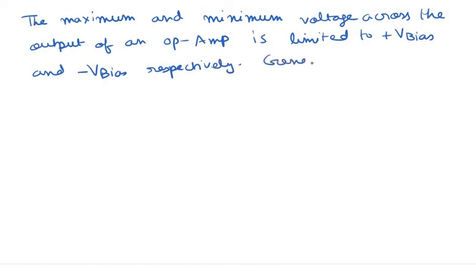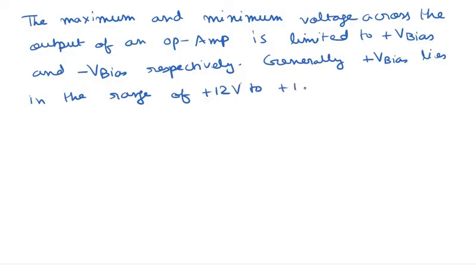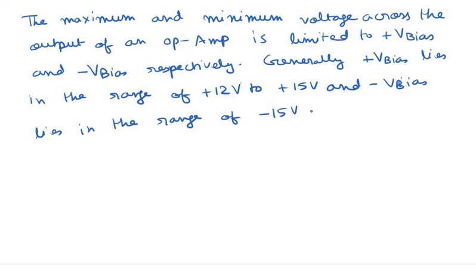Generally, plus V bias lies in the range of plus 12 volts to plus 15 volts, and minus V bias lies in the range of minus 15 volts to minus 12 volts.